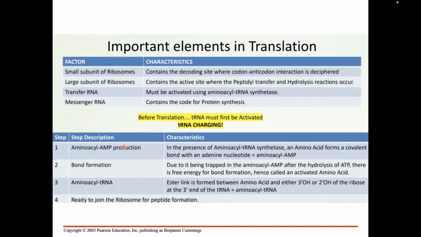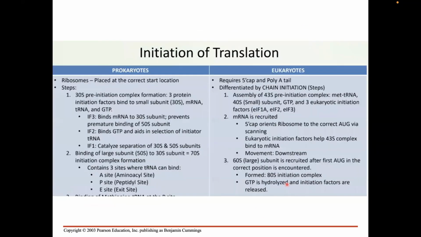Again, before translation, tRNA must be activated, the tRNA charging. And then for the important elements of your translation, meron din tayong following steps that has step description and then the characteristics. So pakiaral na lang po ito.